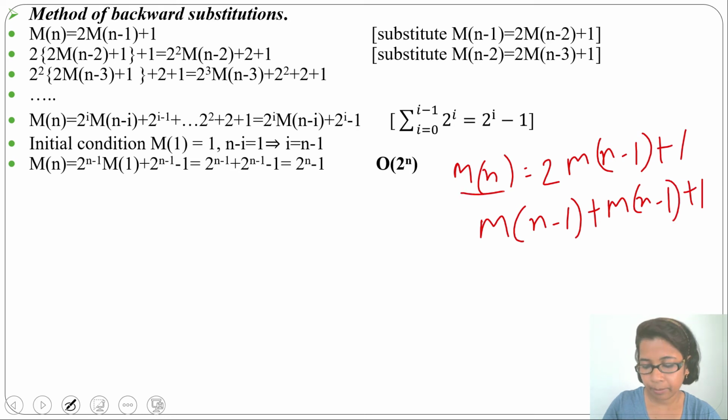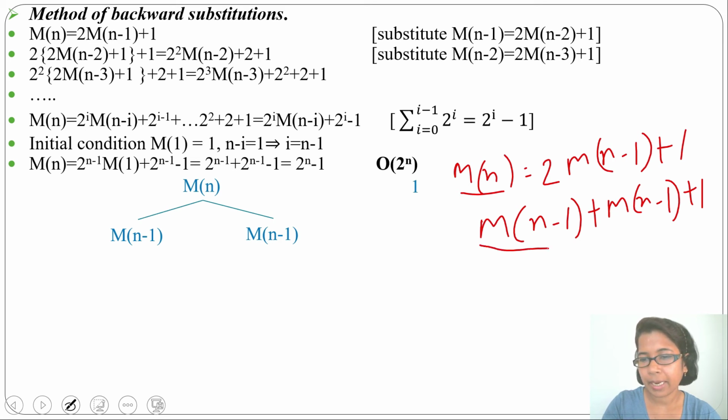So from M of n we can generate M of n minus 1 and another M of n minus 1. And how many moves are there? There will be one move. So how are we writing? This right side part we are writing as children, like M of n's children will be M of n minus 1 and M of n minus 1. So number of moves we will write 1.